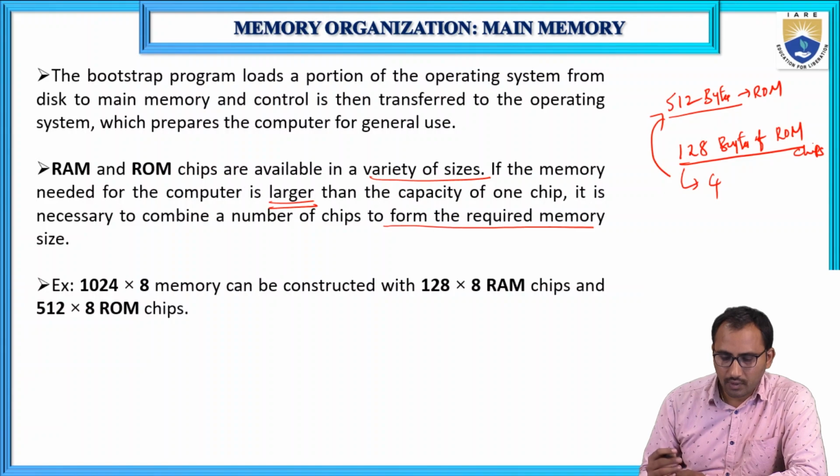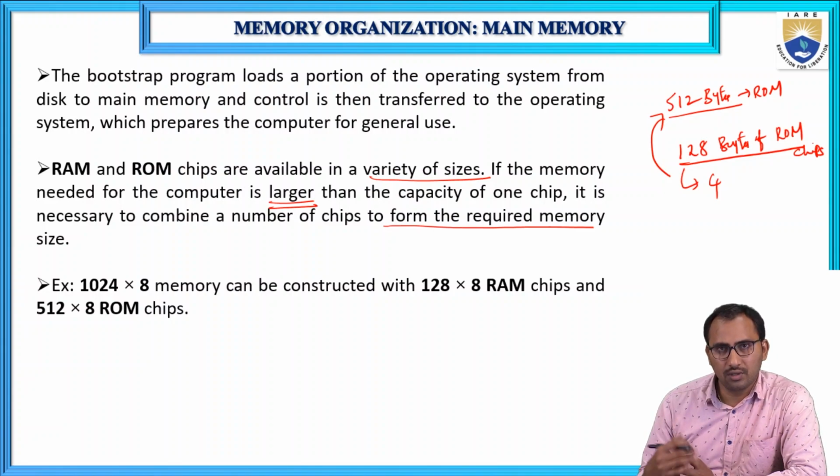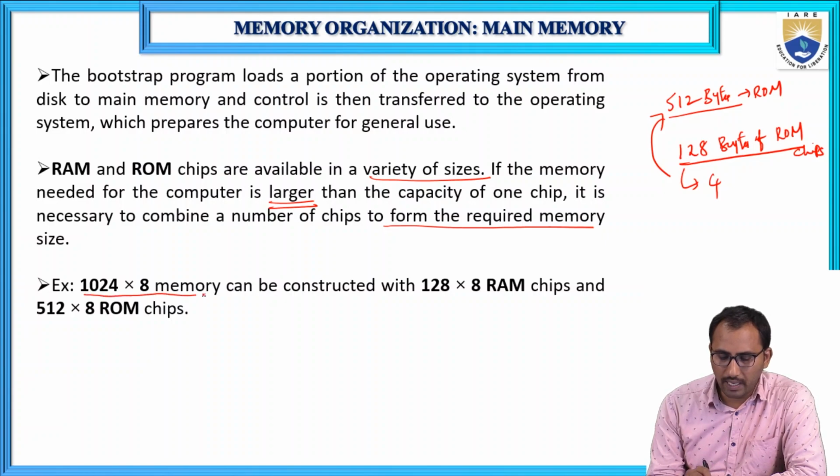You can better understand this with an example of how a 1024 by 8 memory can be constructed. This 1024 represents the number of memory locations, and this 8 represents the word size of every memory location.